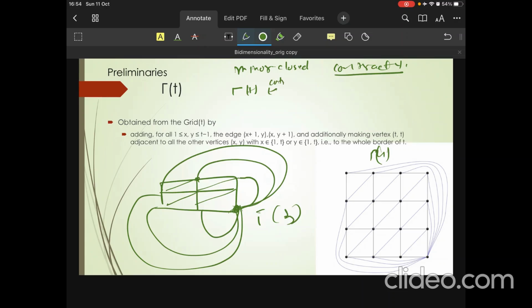So grid T is a contraction of gamma T. We know that tree width of grid T is greater than or equal to T, actually it's equal to T. So we can claim that because of contraction closedness or minor closedness, tree width of gamma T is greater than or equal to T.